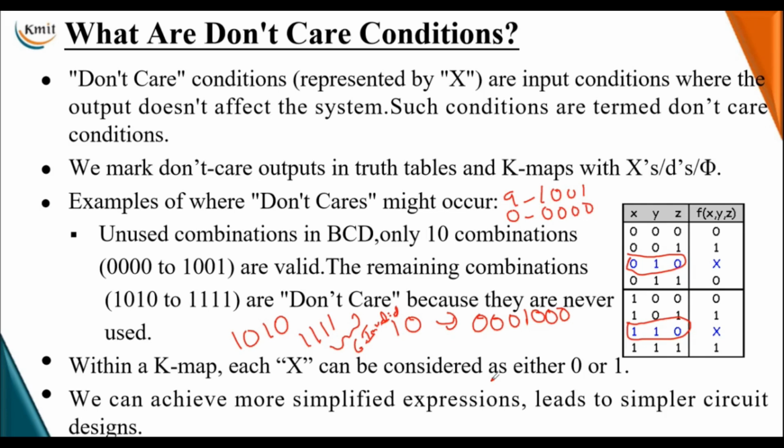If you assume those values, you can form groups including the don't cares with the minterms or maxterms into a large group. That large group can lead to a simplified expression, and that simplified expression will be designed with simpler circuits, so with simple logic.